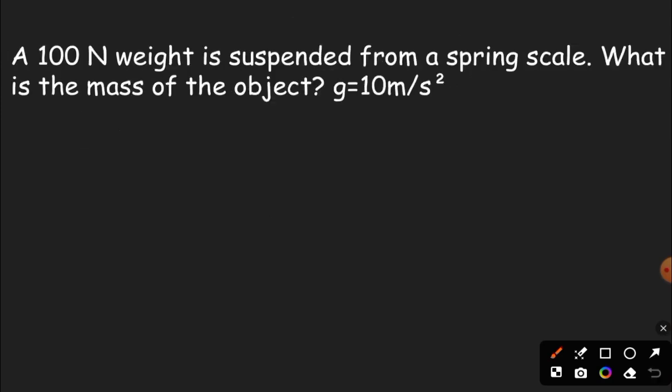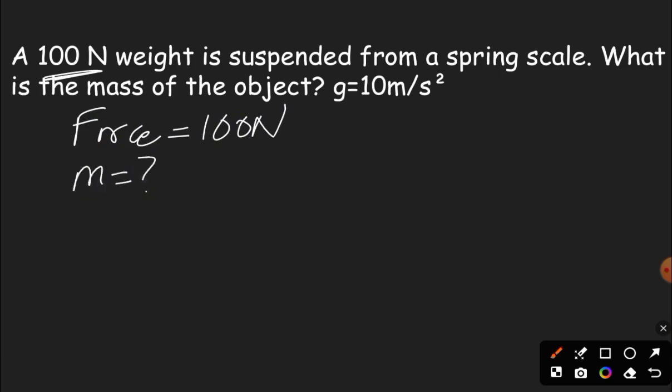A 100 Newton weight is suspended from a spring scale. So 100 Newton here is the force. We've been given the force, 100 Newton. What is the mass, if g is 10 meters per second squared?